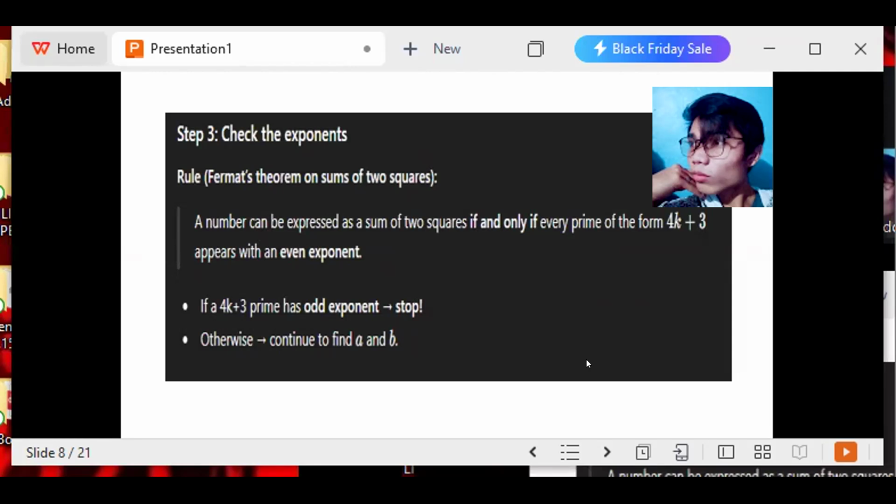It is only exclusive for the 4k plus 3 that the exponent should be even. So 4k plus 3, its exponent should be only even. And on the other forms like 4k plus 1, it is okay that its exponents are either odd or even.